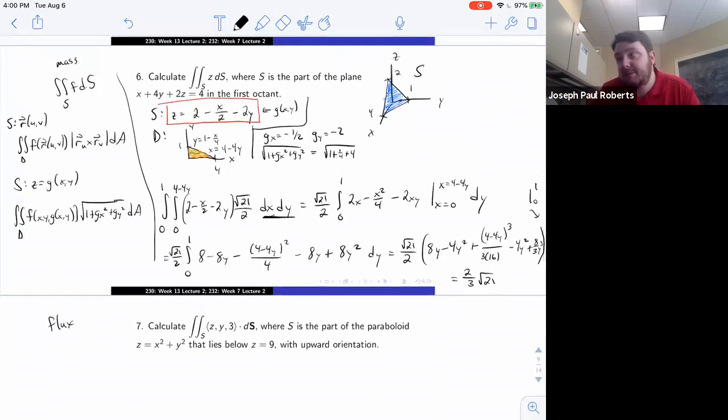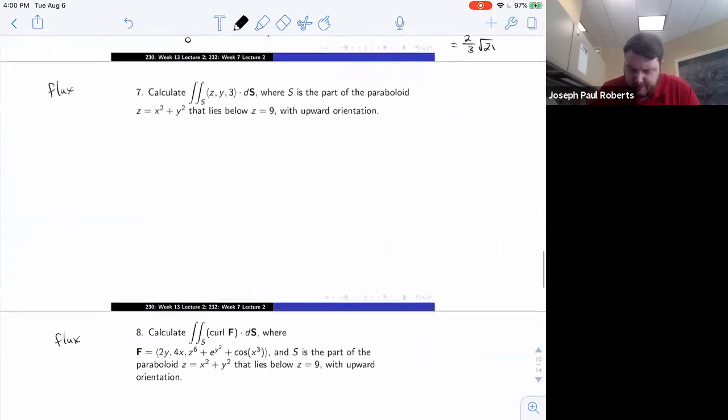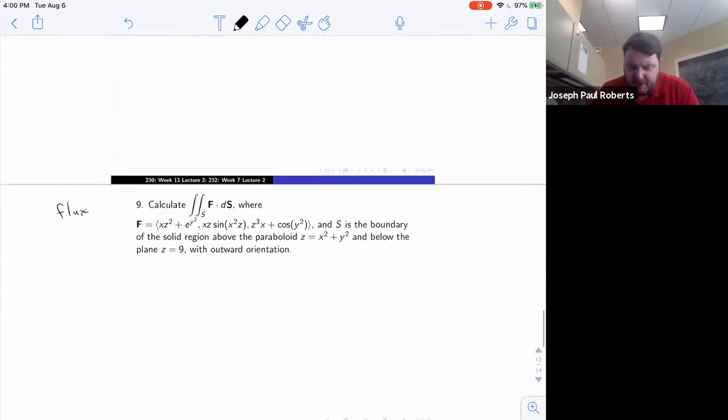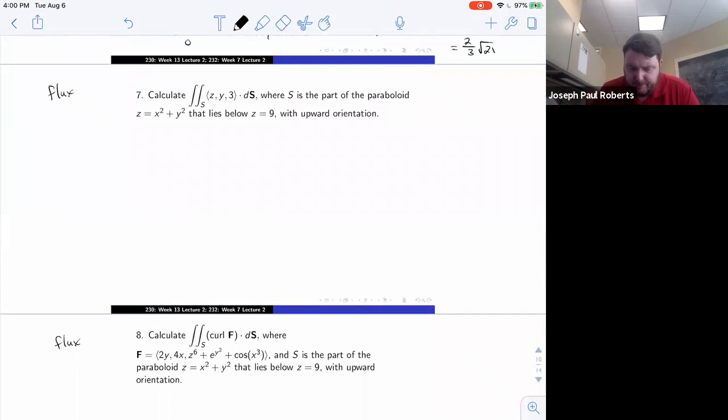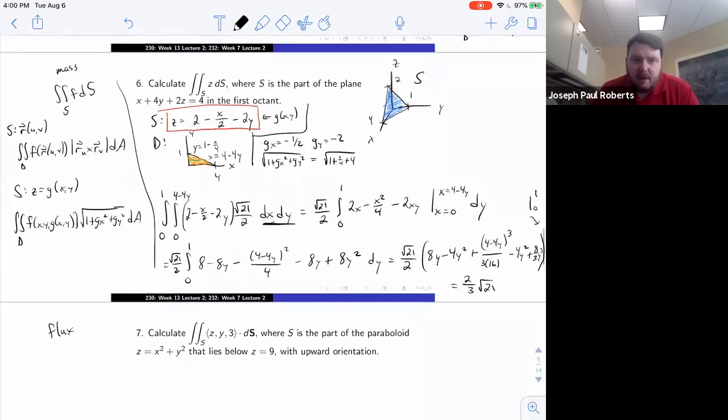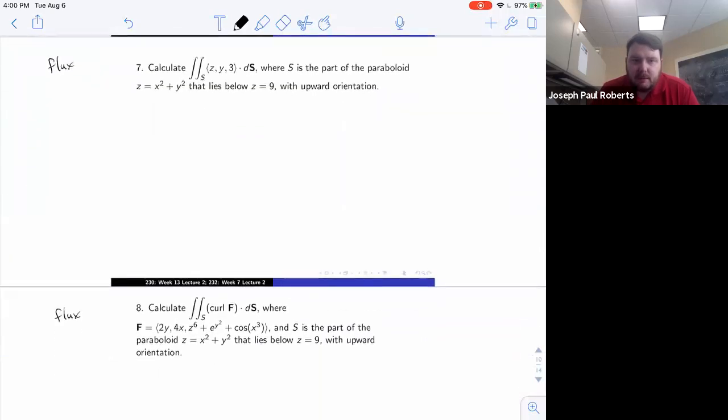So that was the first kind of surface integral. So there were no decisions to make as far as how to proceed. But let's get into the tricky thing. So these last three are the flux situations. And so what I purposefully did here is dealt with very similar surfaces.